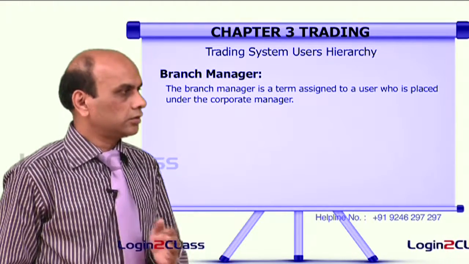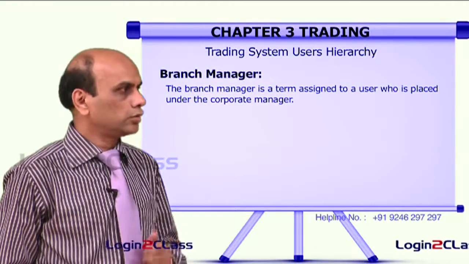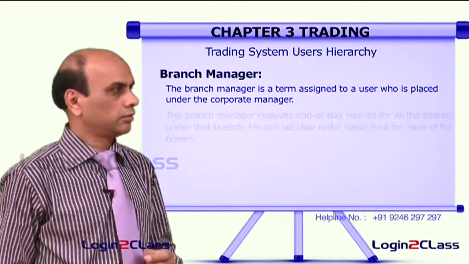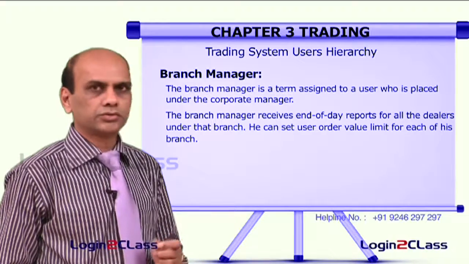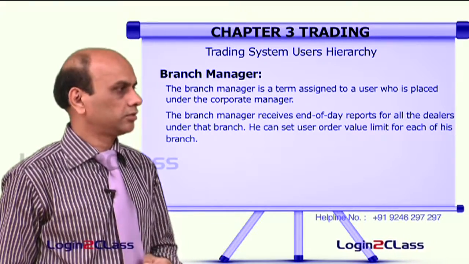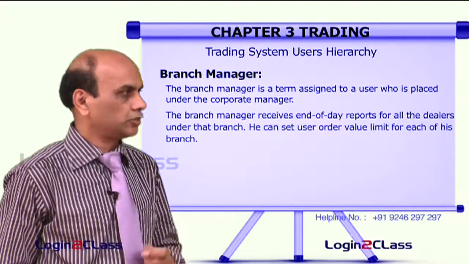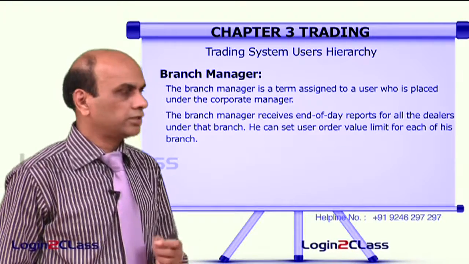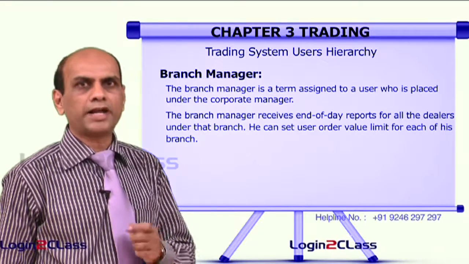The branch manager is a term assigned to a user who is placed under the corporate manager. The branch manager receives end of the day reports from all his dealers under that particular branch. He can also set order value limits for each of his branch.